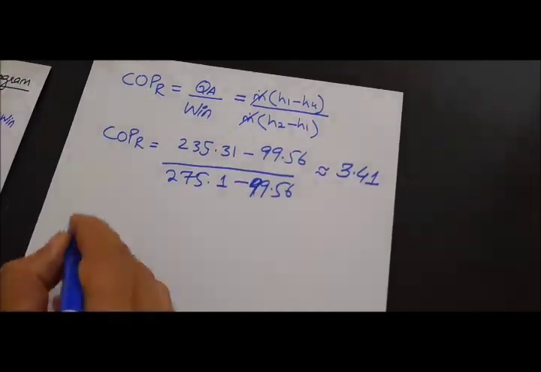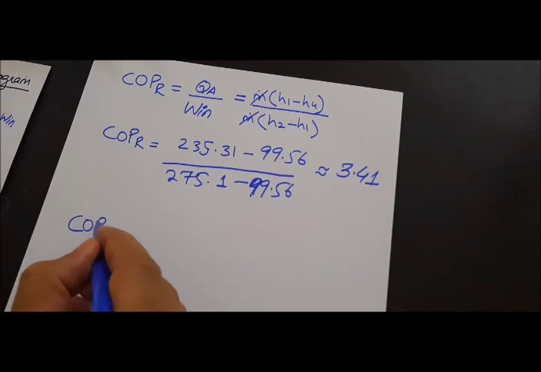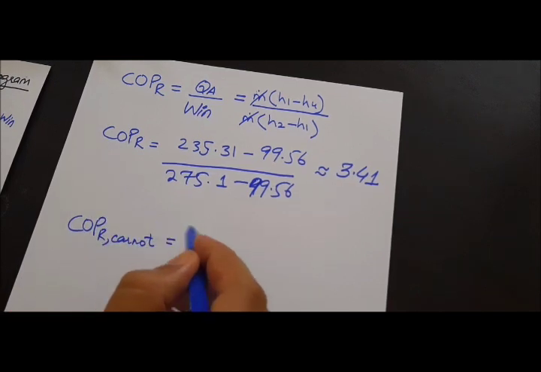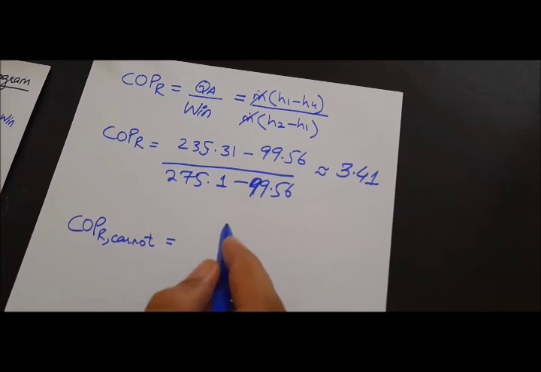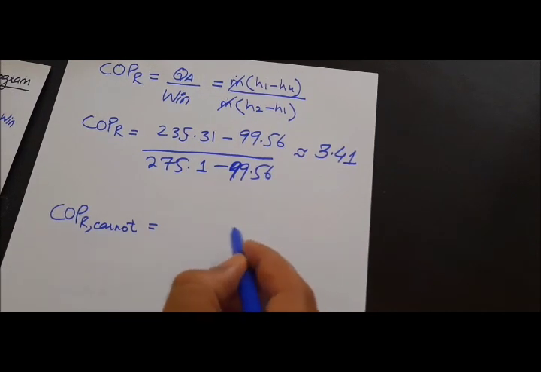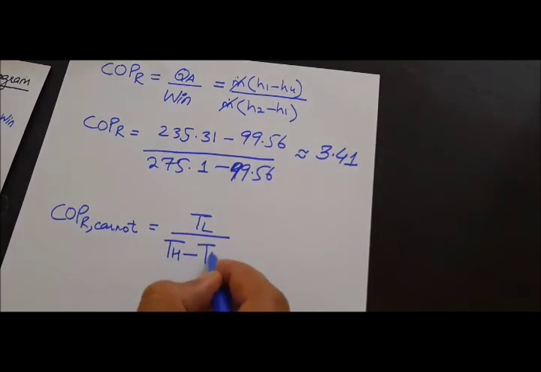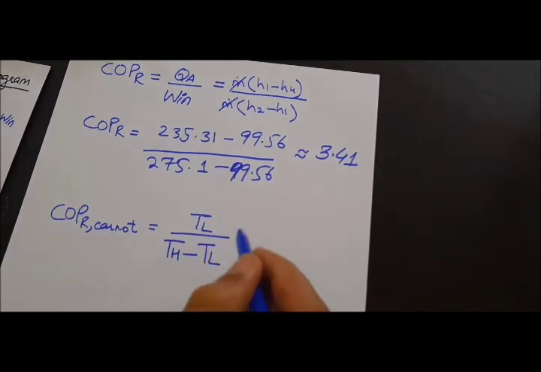Now another thing required was the COP of refrigeration for Carnot, and for Carnot we know that the formula is TL divided by (TH minus TL).